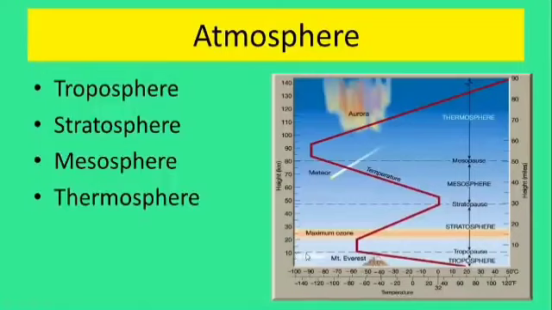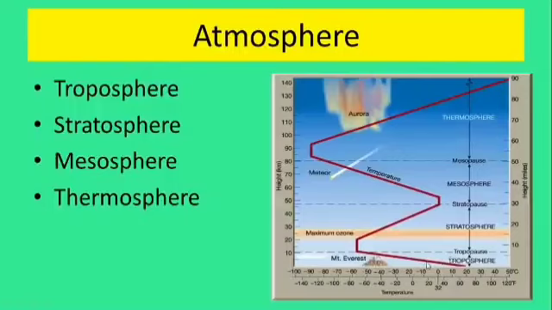This layer, troposphere, is very important for our survival because a number of important gases like carbon dioxide, methane and many other gases are present within this layer. All these gases like CO2 and methane keep our planet warm and therefore life exists on this planet.